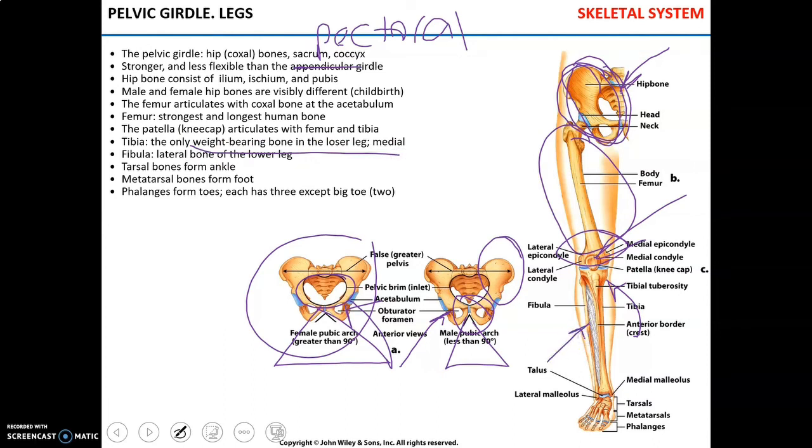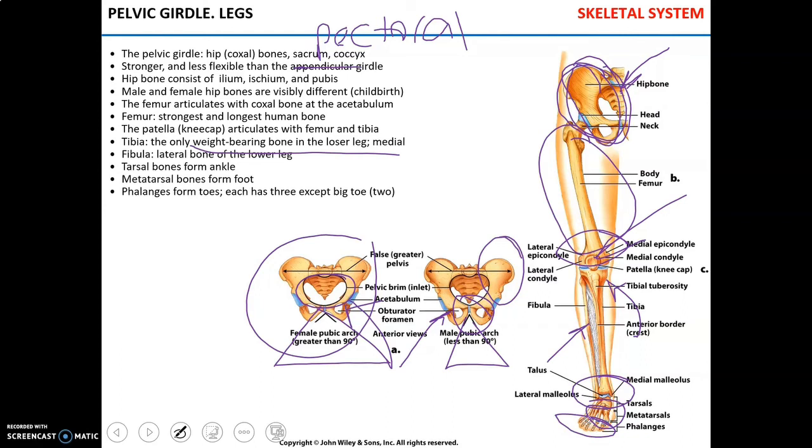You may ask, what's the function of the fibula then if it doesn't bear any weight? The fibula is necessary for the attachment of various muscles. On the distal end, both tibia and fibula articulate with the tarsals, the ankle bones, while tarsals articulate with metatarsals that form the sole of the foot, and metatarsals articulate with the digits, the phalanges.